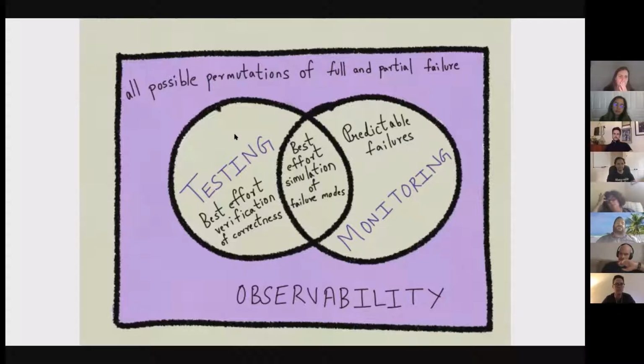Obviously, you want to test your software before it goes out the door. That's your best effort to verify for correctness. And there's this middle ground where you could simulate failures through testing efforts or monitoring efforts in an effort to understand the behavior of your system before your customers have a bad UX.